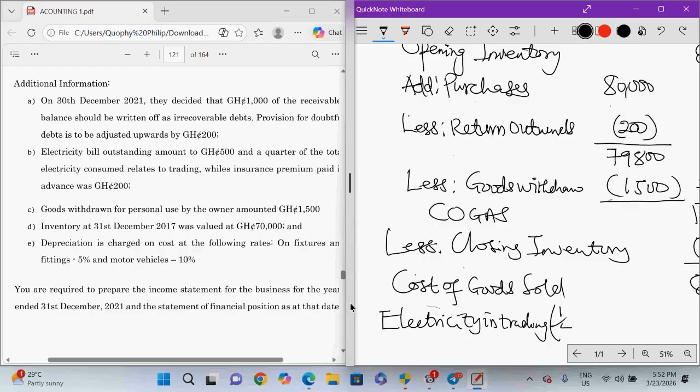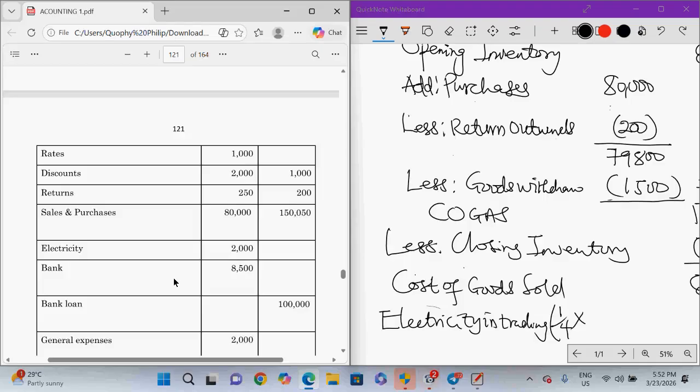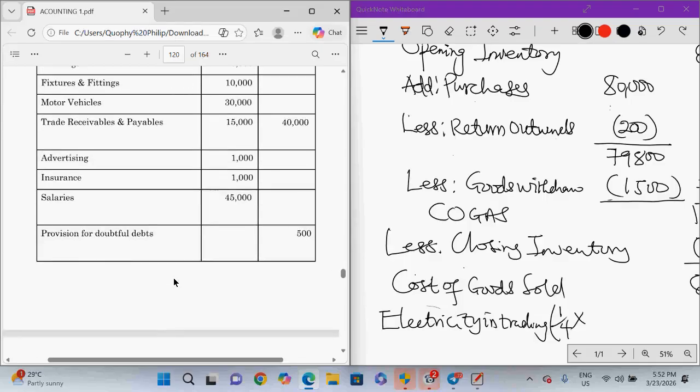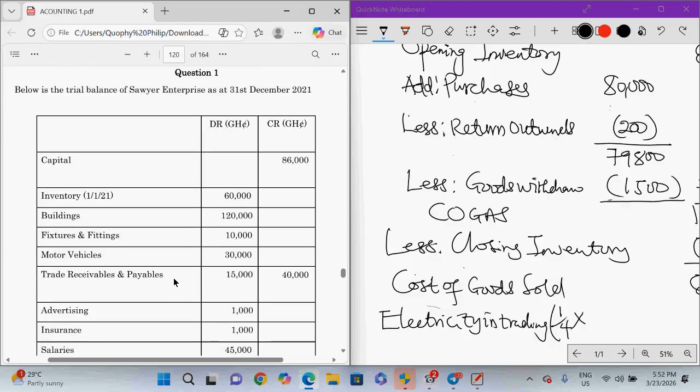That is a quarter times how much? How much is the electricity bill? It's 2,000 in the trial balance.